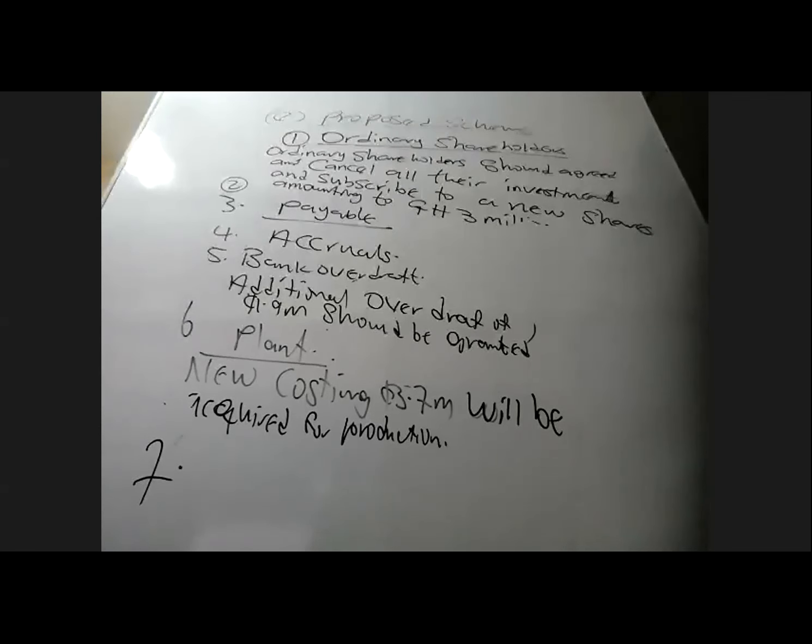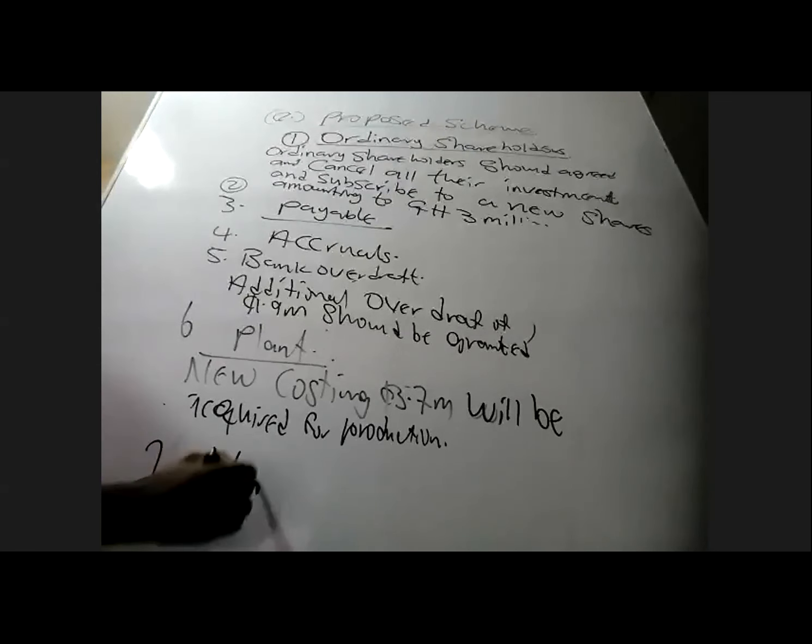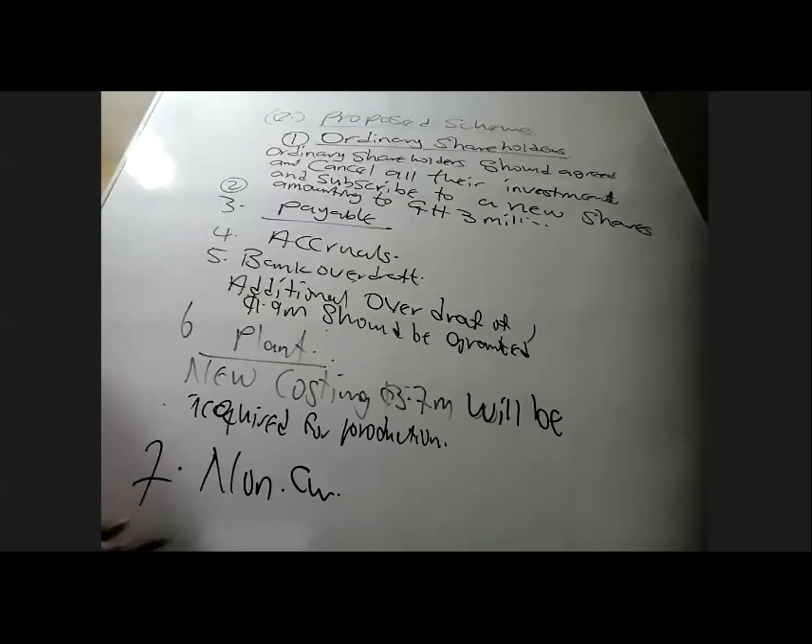Good. Let's go to the 8th one. The 8th one is the deferred development expenditure. The 7th is the non-current assets. 8: deferred development expenditure, which has been patented. So they should sell it for 2 million.